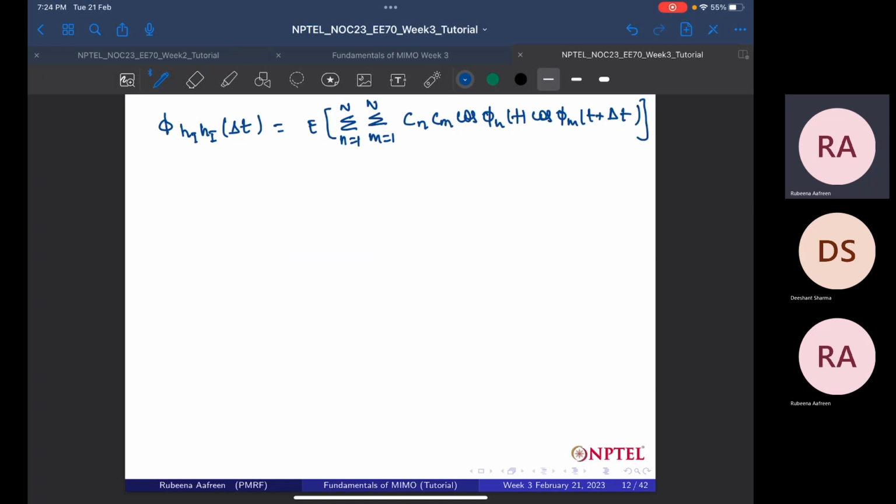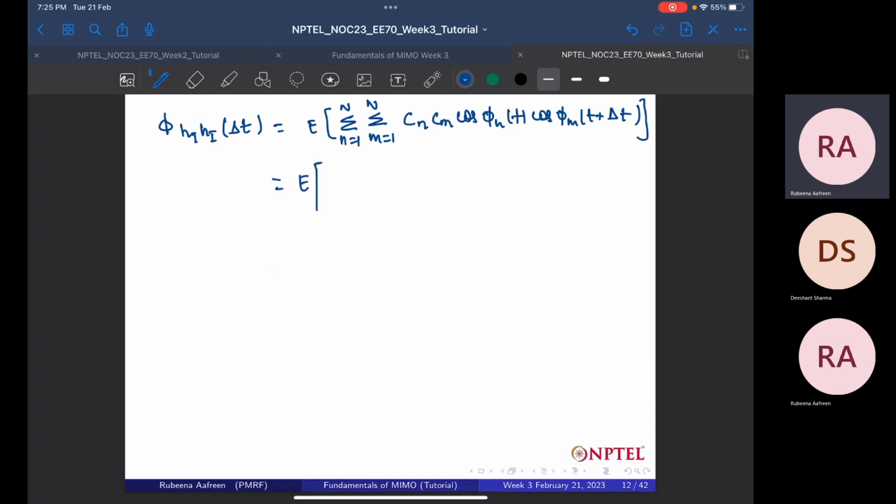So I'm not going into much detail, but this will come as, okay. After this, what you have to do is take two cases. First, n is equal to m, and the second case would be n is not equal to m. When n is not equal to m, that case would count as 0, and the other case in which n is equal to m, that case you have to calculate.